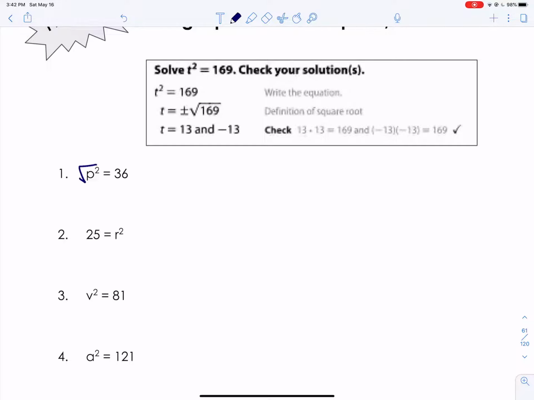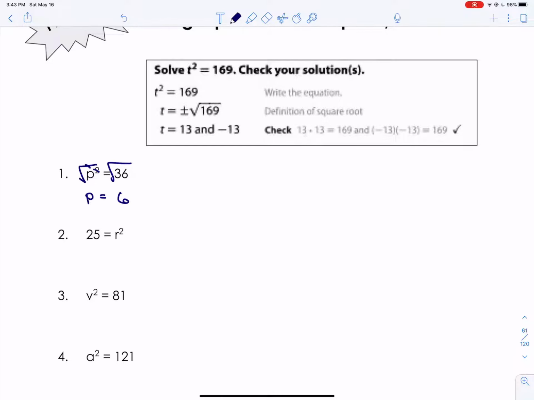So we take the square root of both sides. What that does is basically it cancels out. There are extra steps if we wanted to show that, but we will get p, and then the square root of 36. The square root of 36 is one of our perfect squares, so it's going to be 6.